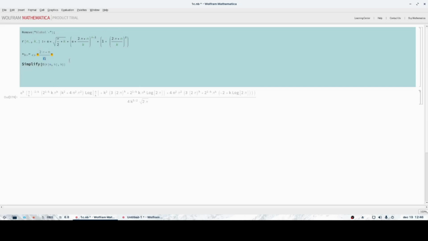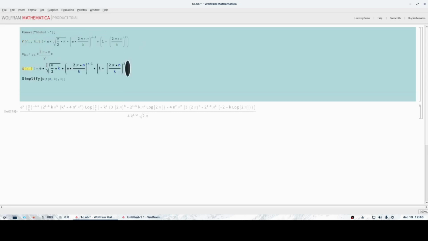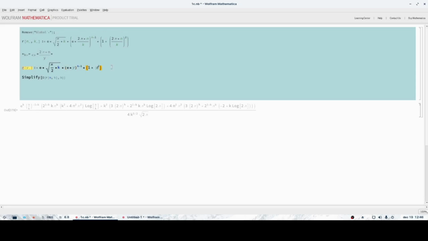and we can define another function with this y variable based on this expression. So usually I can replace this variable with y and the k variable with this expression.